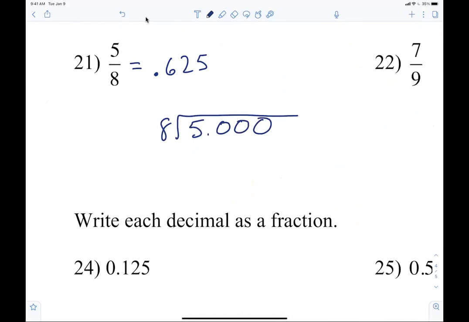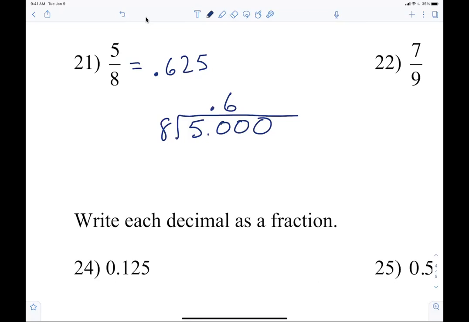8 goes into 5. How many times does 8 go into 50? 6. How many left over? 2, 48 from 50.